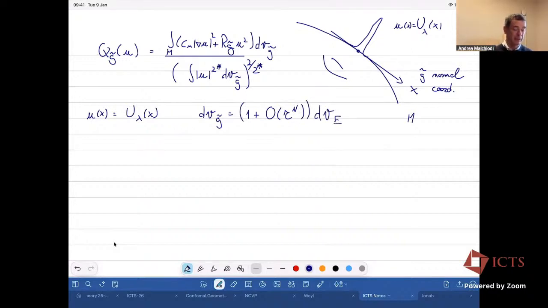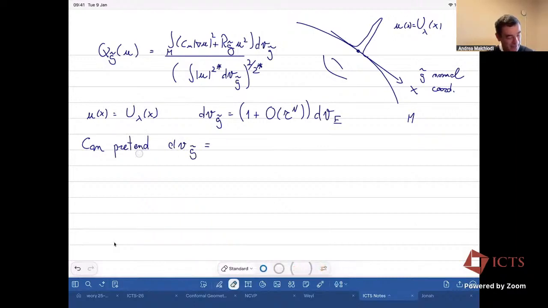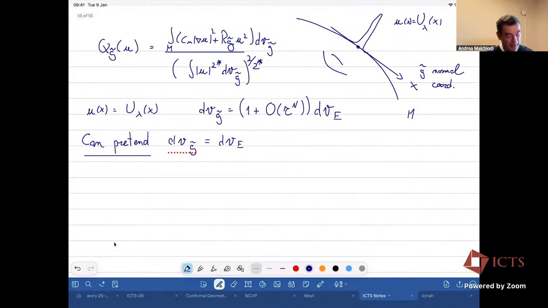So the point is that we can pretend that dVg tilde is actually equal in the calculation to the Euclidean volume. So therefore, we can estimate each of these three terms that appear in the Yamabe quotient.